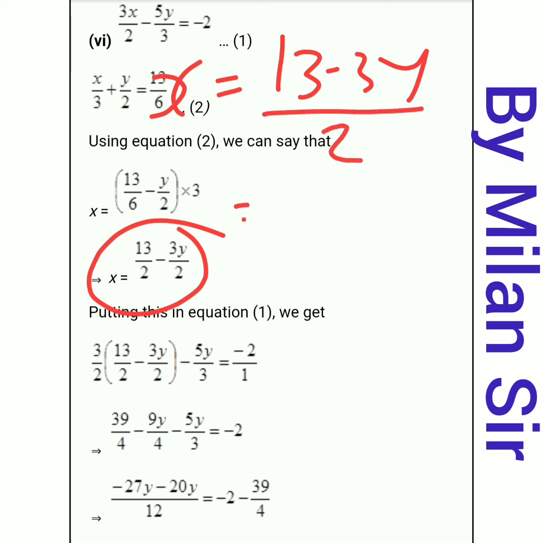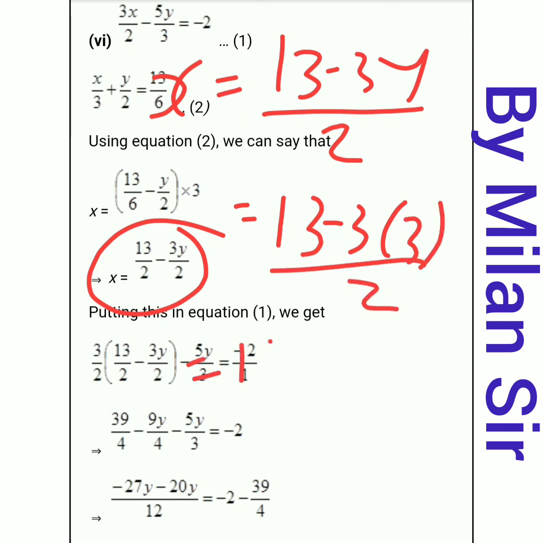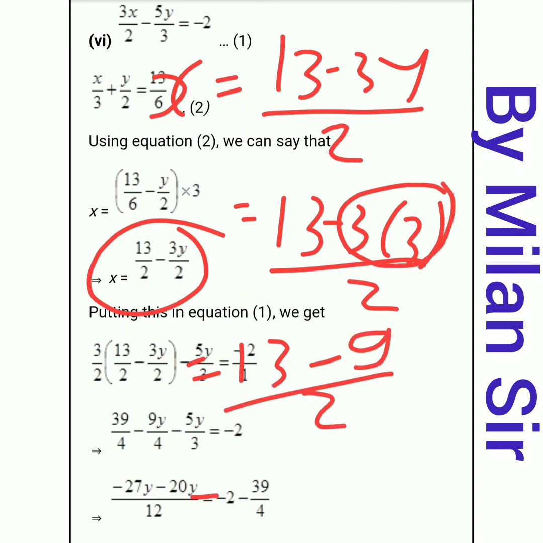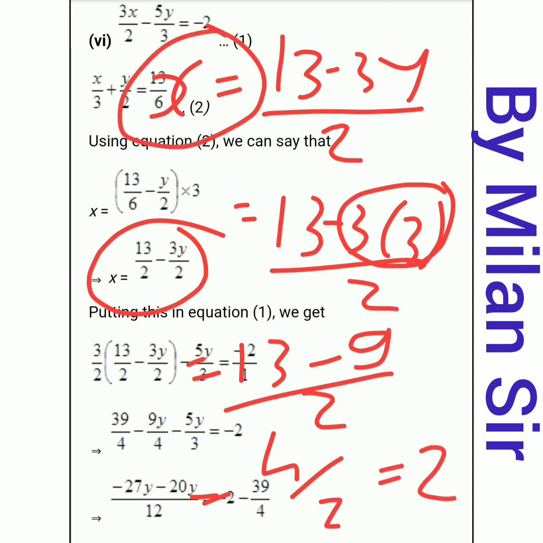Now put value of y is equals to 3. So 13 minus, now 3 3s are 9, by 2. 13 minus 9, it's 4. 4 by 2 is equals to 2. So our x is equals to 2, right?